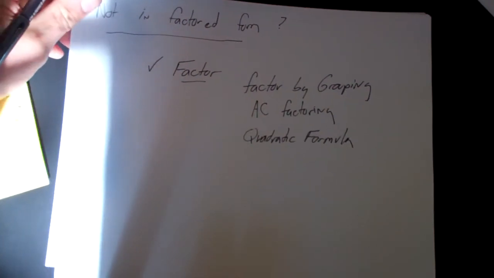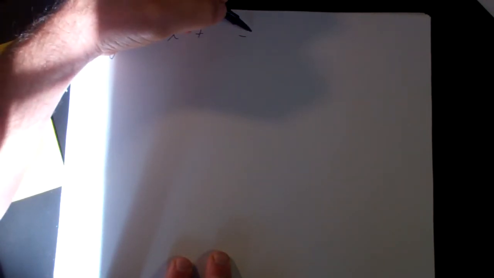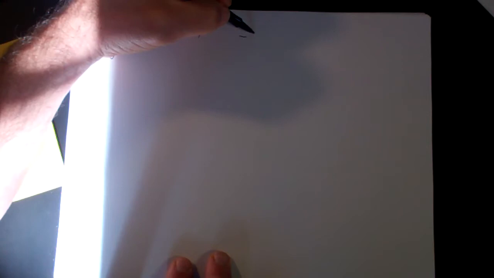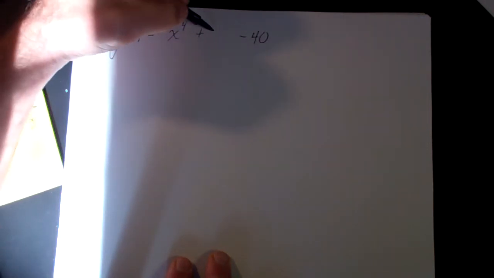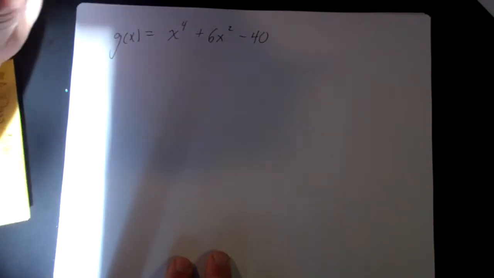Let's do a quick example of this. Let's say you had g of x is equal to x to the fourth plus 6x squared minus 40.